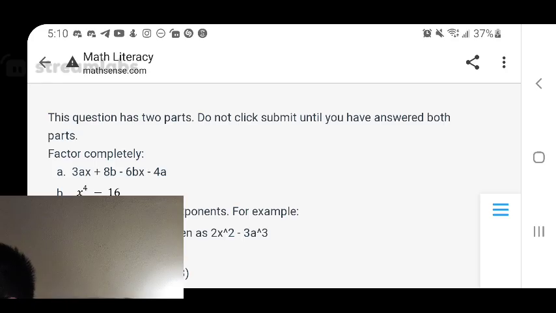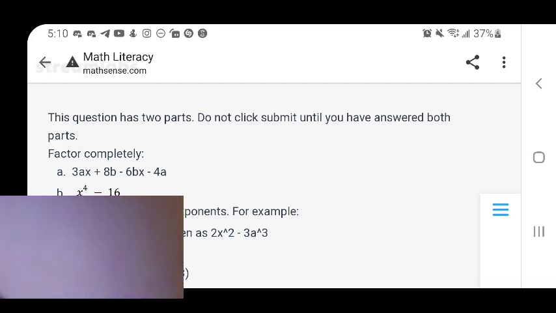This one looks better. Then we factor out a and b. Alright, then you set it equal to 0. I just go with that answer.